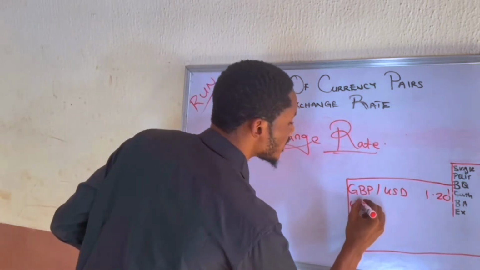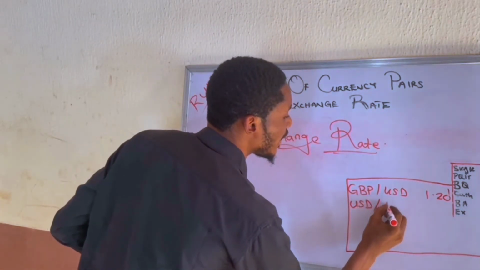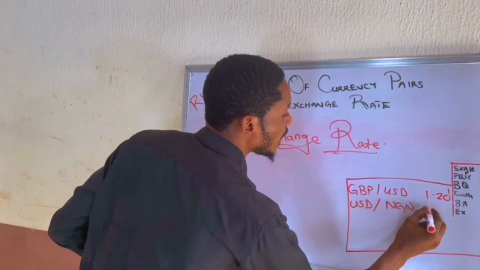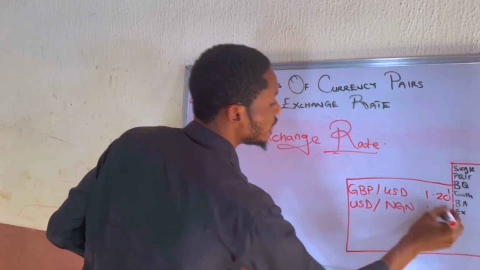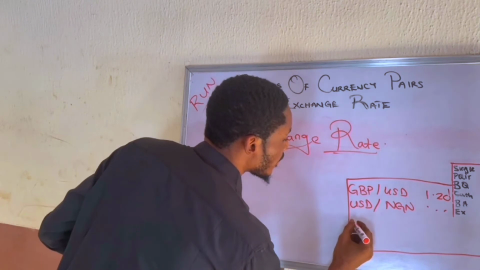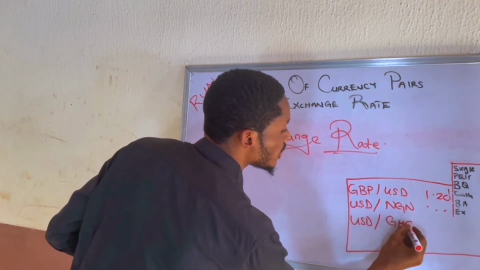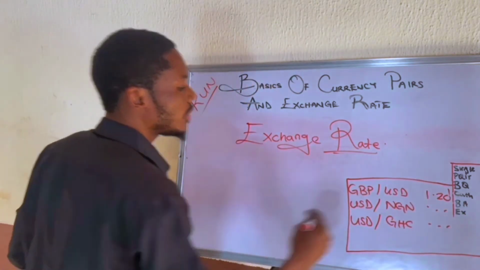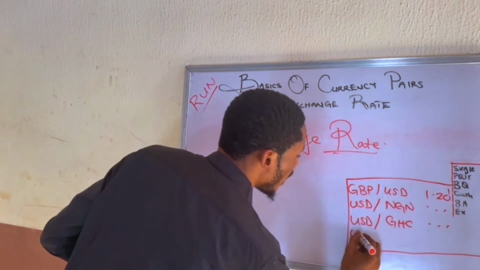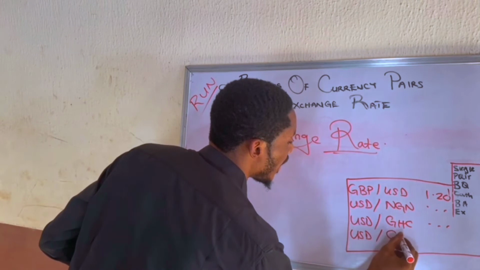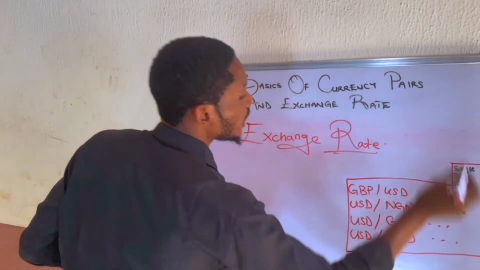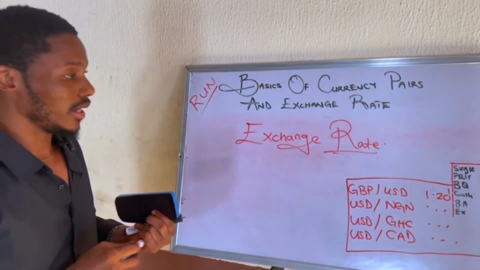You see USD/NGN and you see a number there. You see USD/GHC and you see a number there. You have USD/CAD and you see a number there.